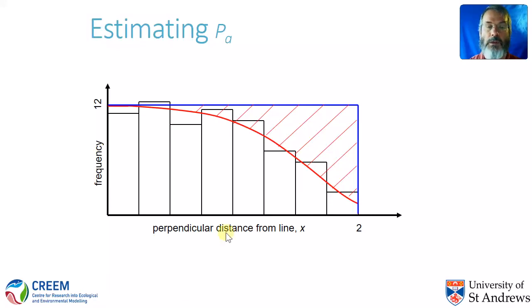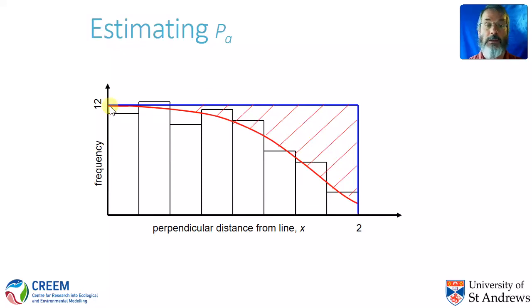The answer to that question is that imagine every animal that you saw, there was no drop-off, there was no diminishing in the probability of detecting animals, regardless of the perpendicular distance that animal is from the transect line.